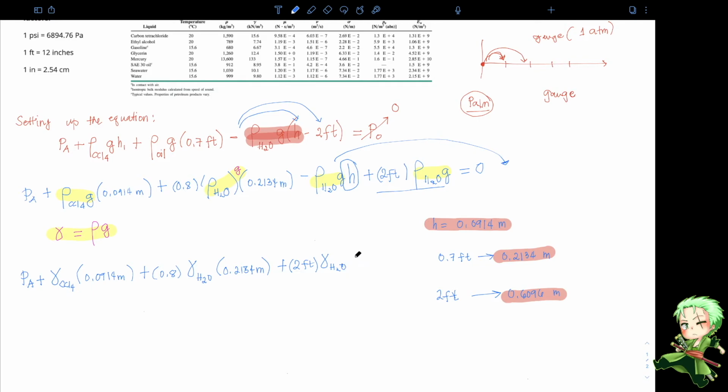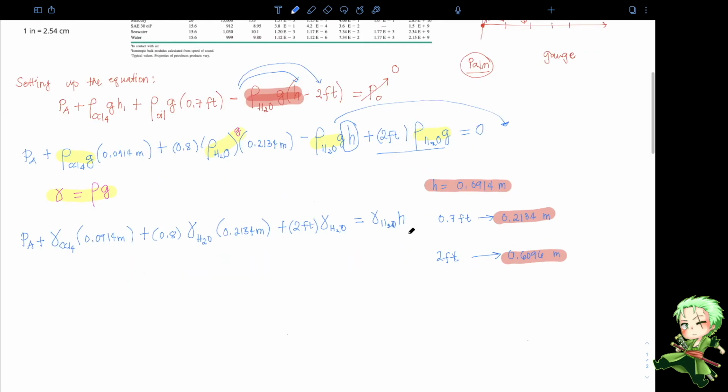Okay. And what is left on the opposite side of the equation, from negative it is positive since it is transposed to the opposite side. And you will have the density of water times g, which is just the specific weight of water, multiplied by your desired variable, the height h.